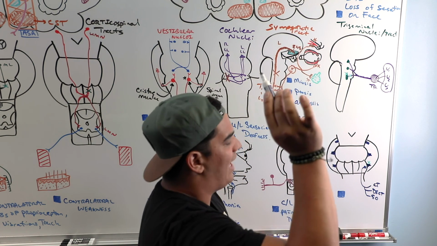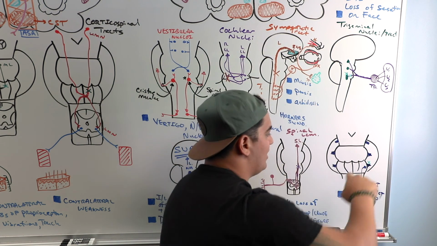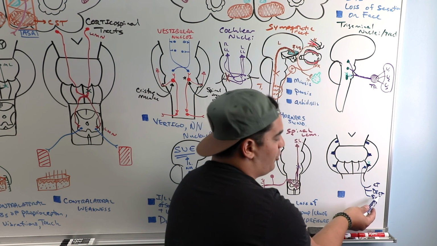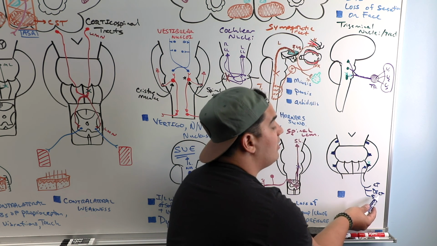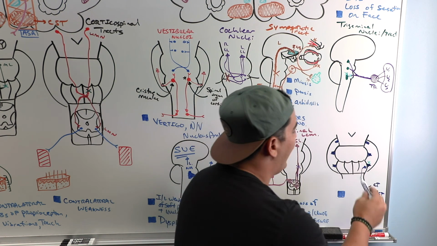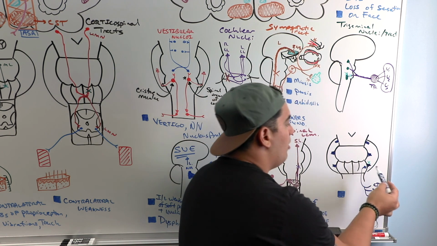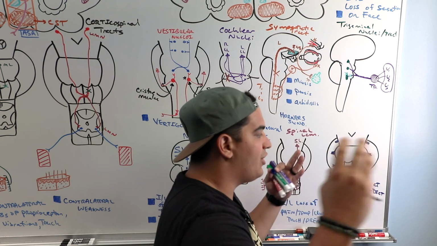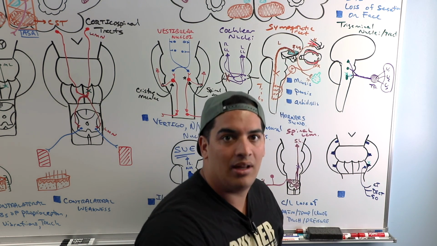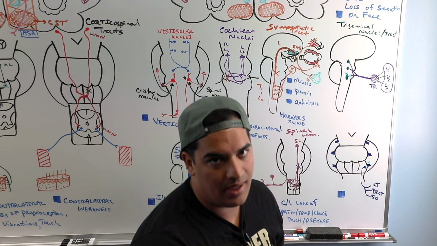There's tons of different tracts that are ascending and carrying sensations from proprioceptors, from touch receptors, all these different things that we have unconscious awareness of, taking it to the cerebellum. If you damage the connection between our body's position sense and the cerebellum, it can cause a sense of gait instability or some ataxia.